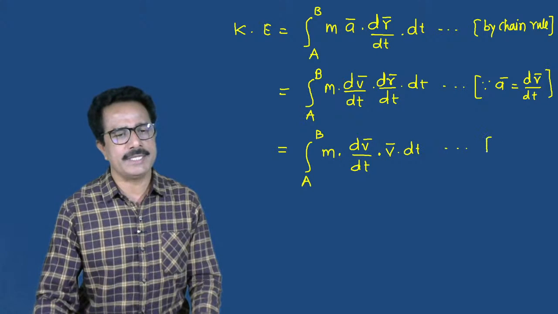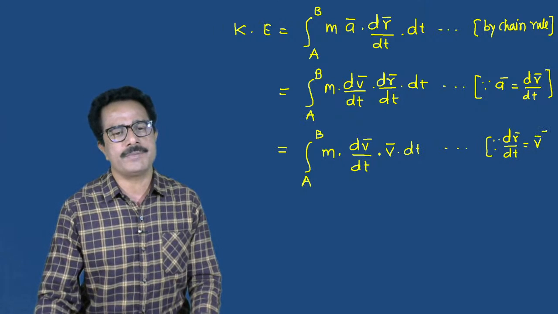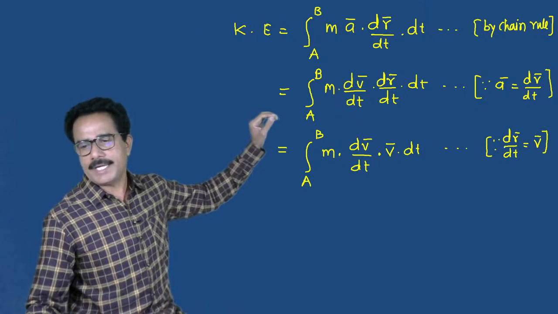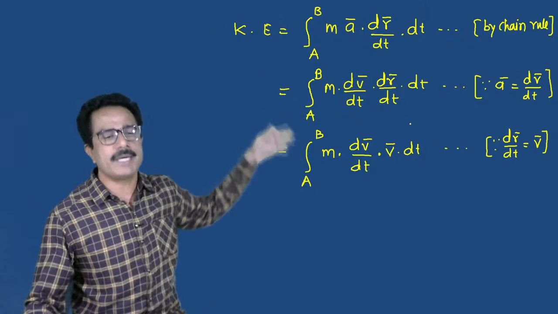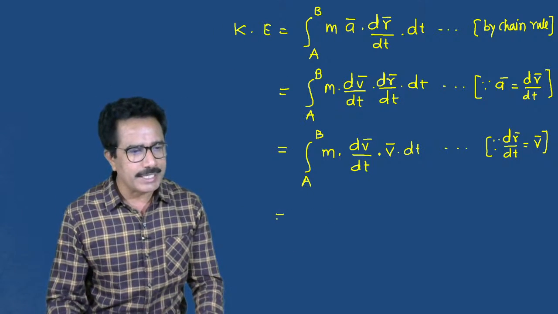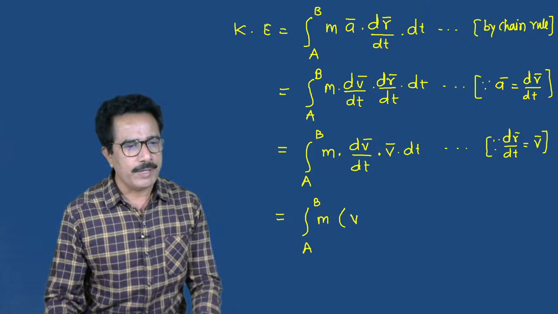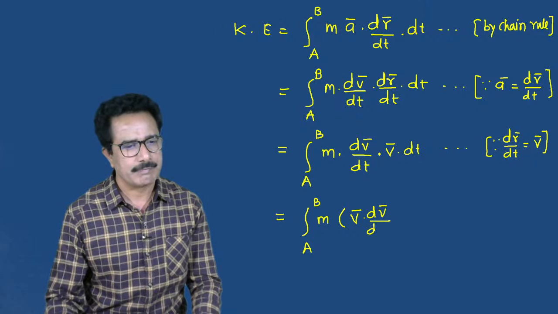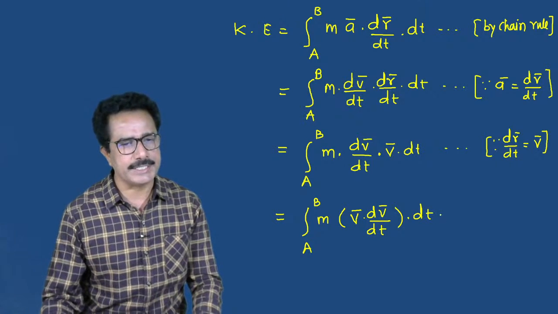We can write dr bar by dt as v bar. Rate of change of displacement means velocity, and velocity means dr bar by dt. So we get the relation: integral from A to B of m, as it is, v bar into dv bar by dt, which is also written as a dt.